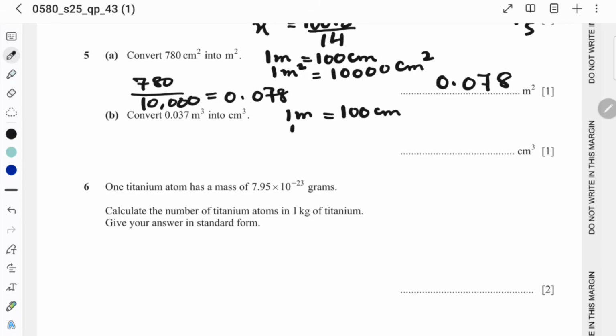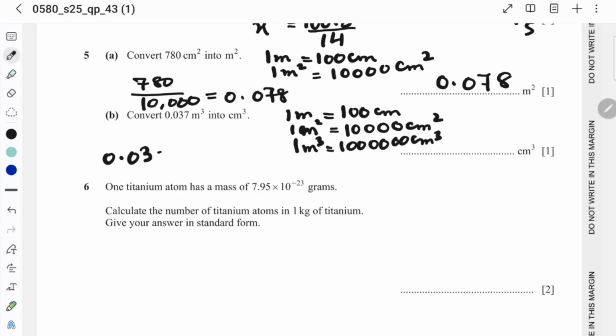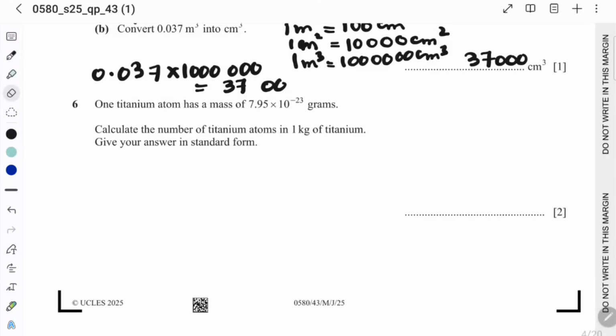Just as with the square, where I used 4 zeros, double the number of zeros, 1 cubic meter is equal to 1 million cubic centimeters. So 0.037 is multiplied by 1 million. Obviously you can do it mentally, or if you need a calculator, then calculate it: 37,000.